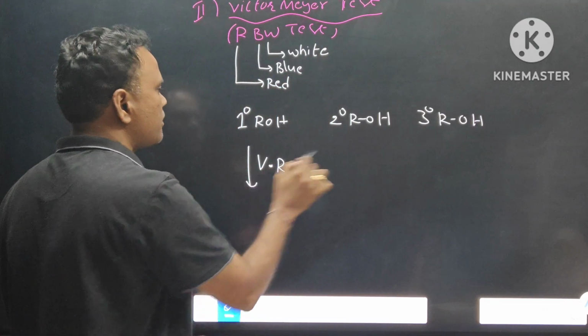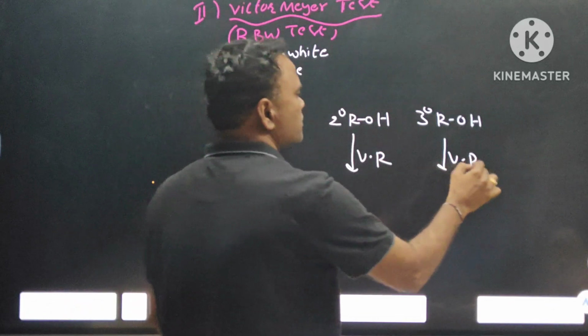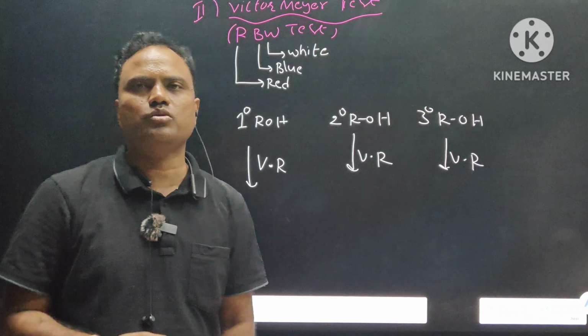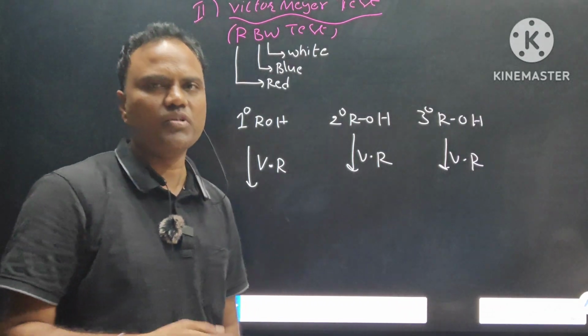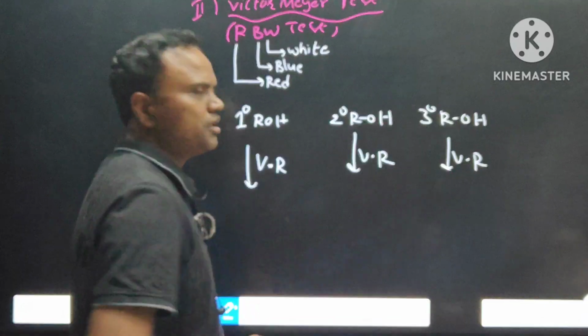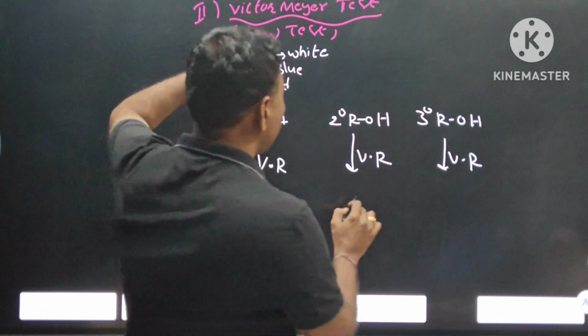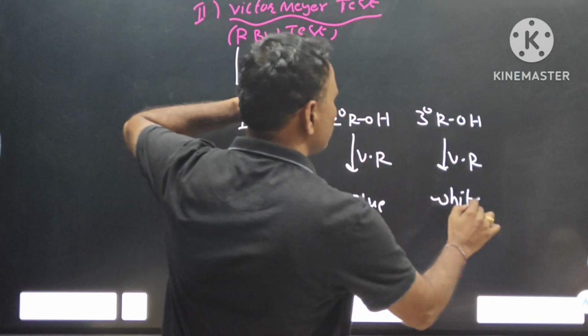VR stands for Victor Meyer reagent. We are adding Victor Meyer reagent. See, it is quite opposite to the Lucas test. In the Lucas test, 3 degree alcohols react readily. Here 1 degree alcohol gives first red color, after that blue color, then white or colorless.